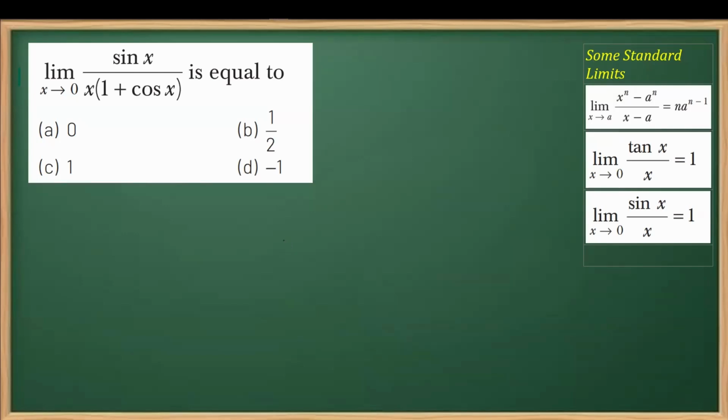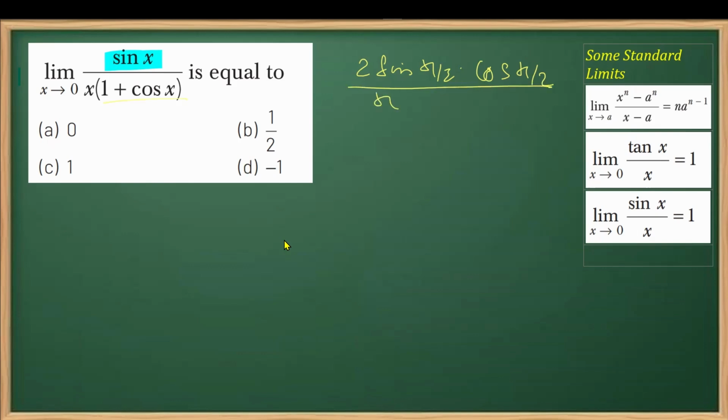Now in the next question, we have to evaluate sin x over x into 1 plus cos x. What we should do here is to apply trigonometric identity. We can write sin x as 2 sin x over 2 cos x over 2, because we know that sin 2x is 2 sin x cos x, that over x.